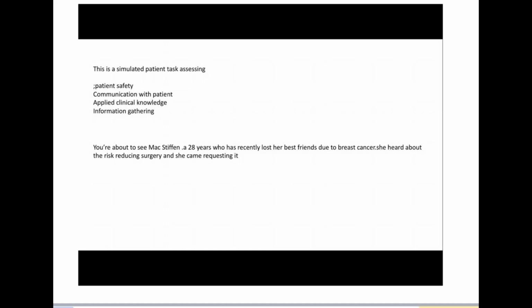And you know, it's called risk reducing surgery. It is not risk eliminating surgery. So even if we removed your ovary and even if you removed your breast, you still have a minimal chance of developing ovarian cancer or breast cancer. So it's only reducing the ovarian cancer by 95%.